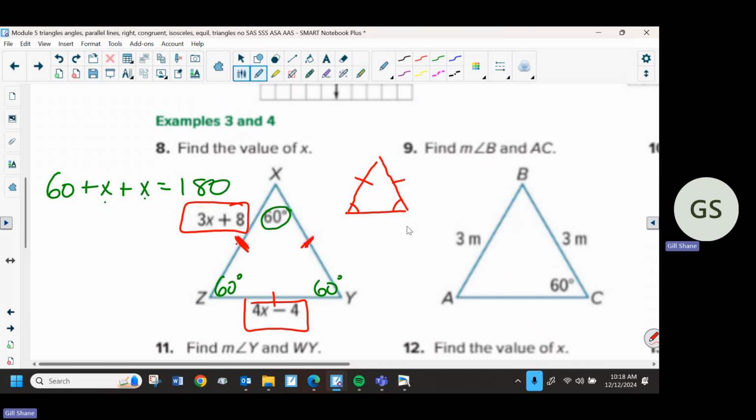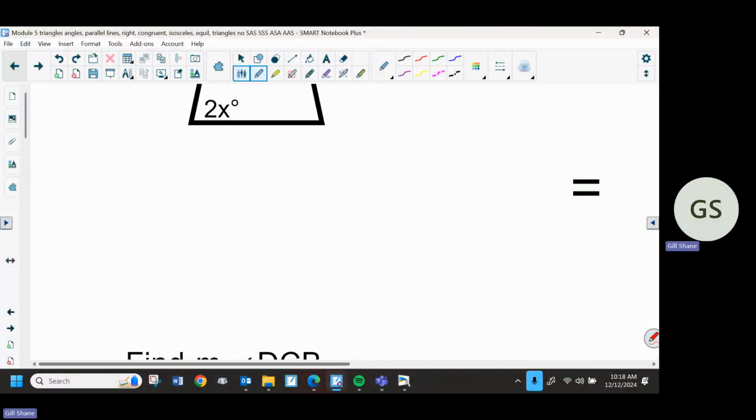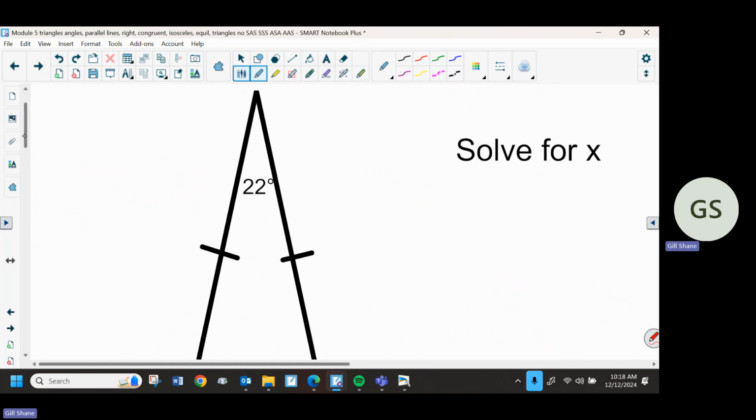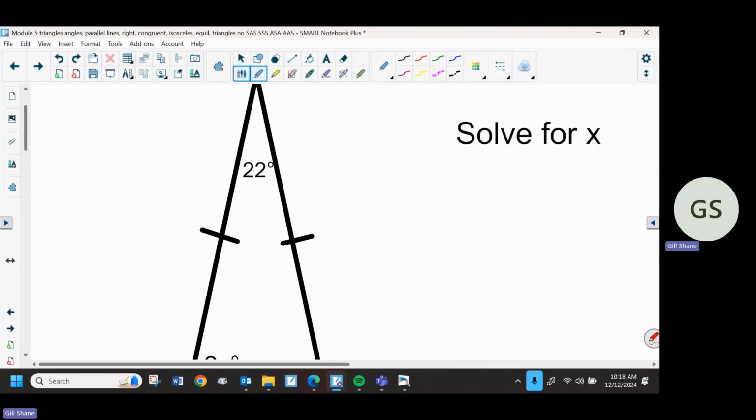If you want a 2-point exit ticket, it's probably more like this, where you have to understand what's congruent, but then you also have to set up an equation and solve for it. So that's probably what the 2 point is like.